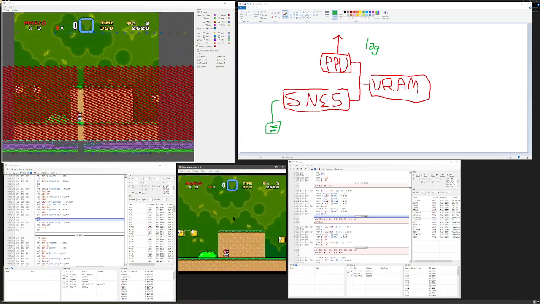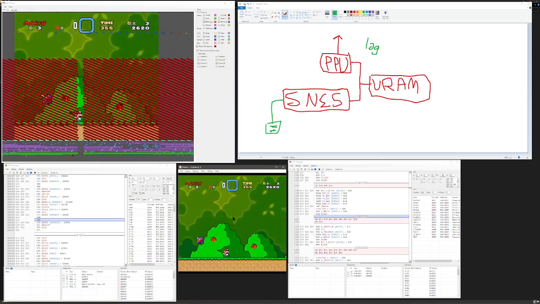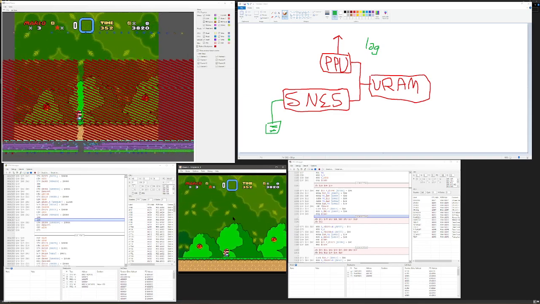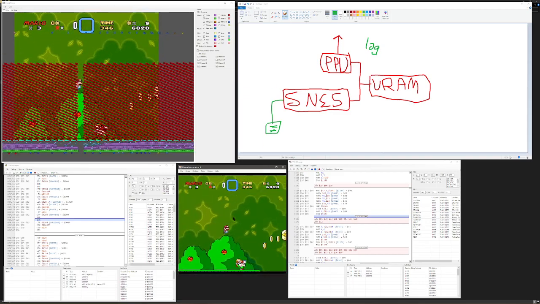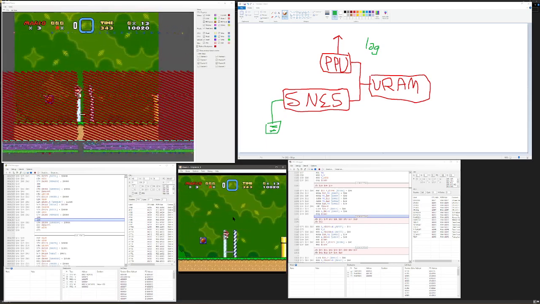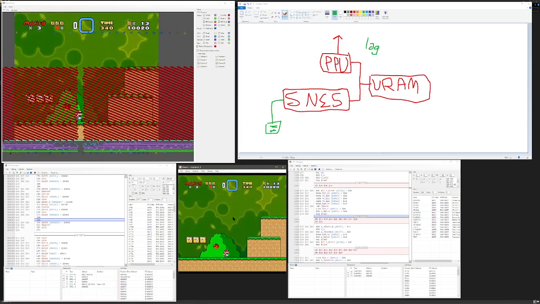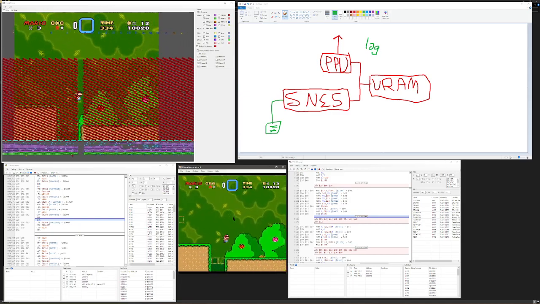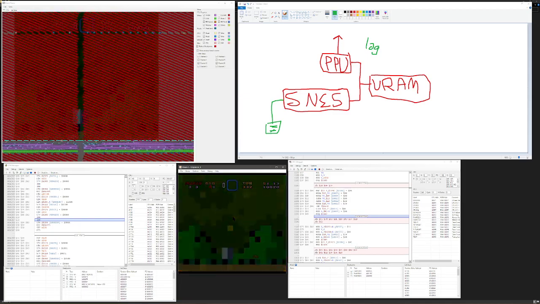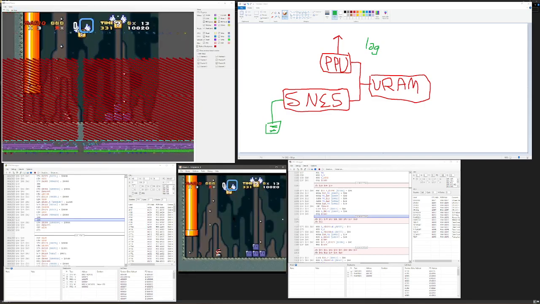If I just run through this level, as I'm running, look at how much it's bouncing up and down. And as things load, it goes down. Certain enemies take more processing power than others. Those guys didn't seem to make it change much at all. Then you go to the pipe, it loads.